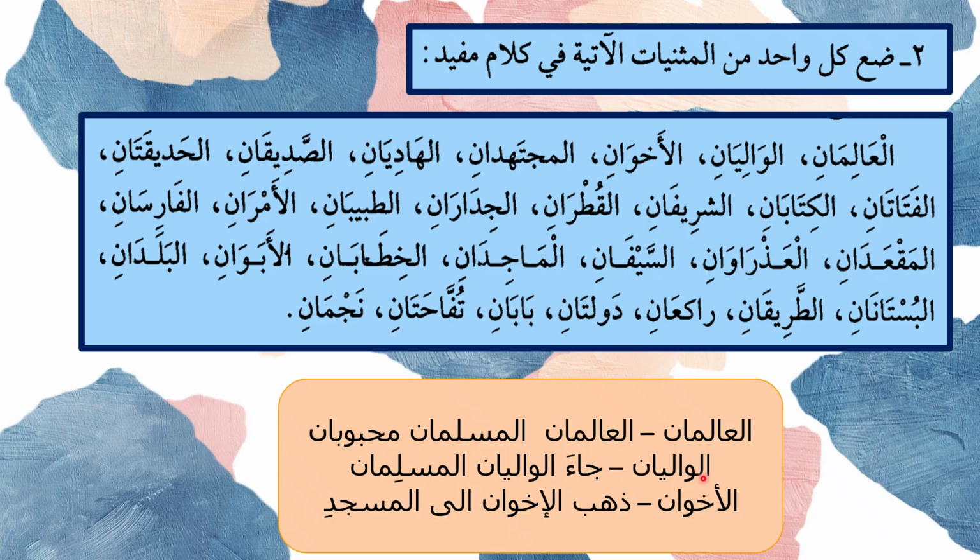Now al-waliyan. Yes, waliyan. Ja'a al-waliyan al-musliman. So pay attention to the structure. This is a jumla fi'liya. Ja'a al-waliyan. I know that after the fi'l comes the fa'il, and the fa'il is always in marfu', but now it is a dual noun. So how do I show the dual noun in the marfu' case?